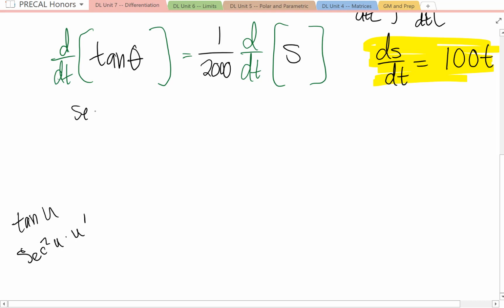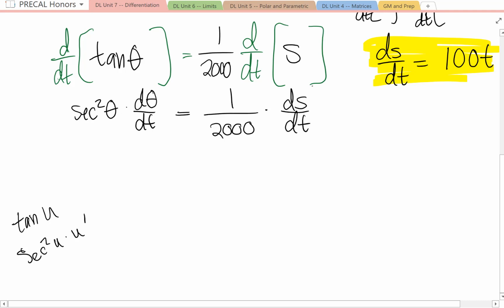So this would be secant squared theta times the derivative of theta with respect to t equals 1 over 2,000 times the derivative of s with respect to t.